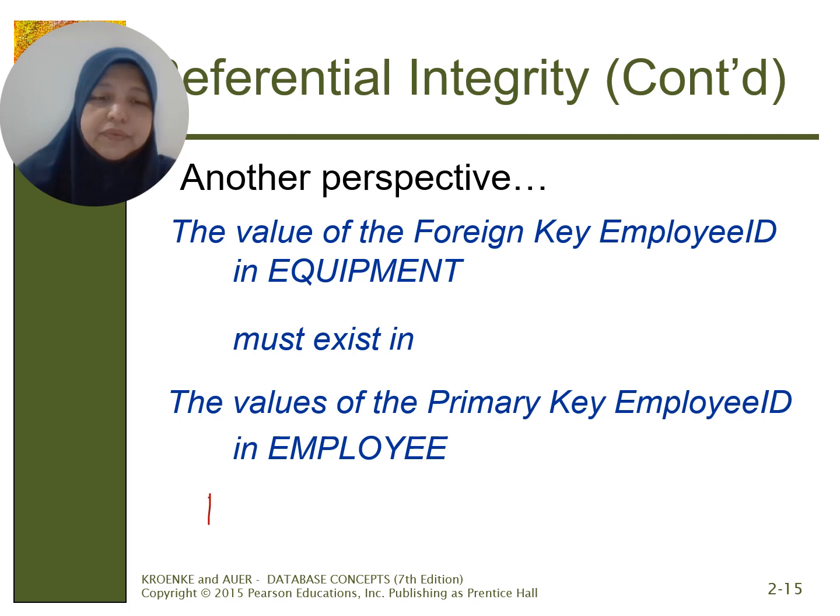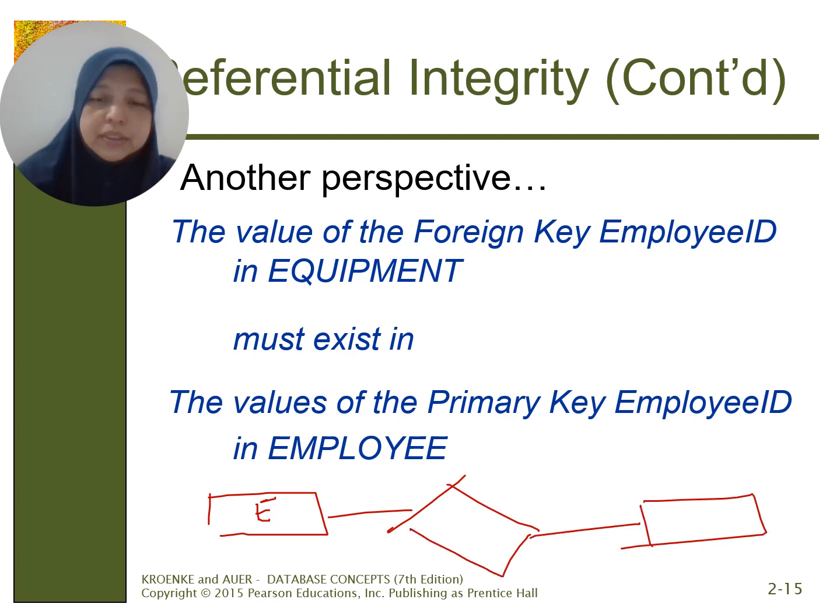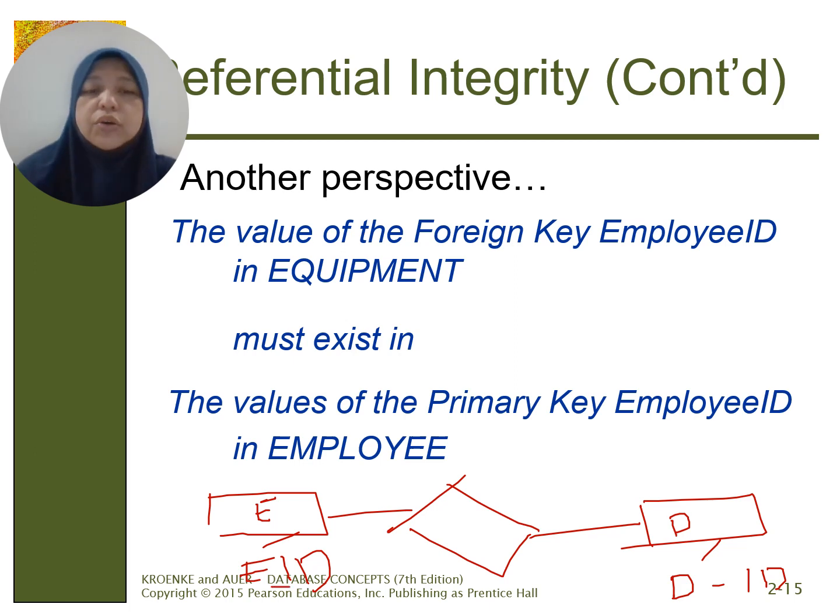So let's say we have two tables, employee and department. Here we have employee ID and here we have department ID. Department ID is the PK in department, and employee ID is the PK in employee. Like I said just now, when you have a relationship, you have to create a foreign key.